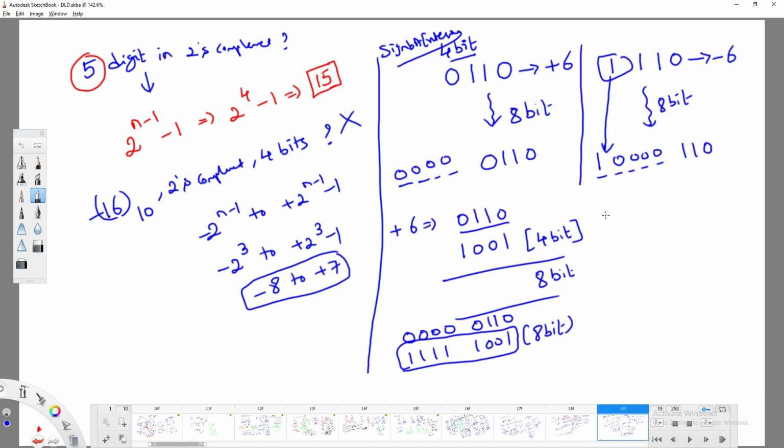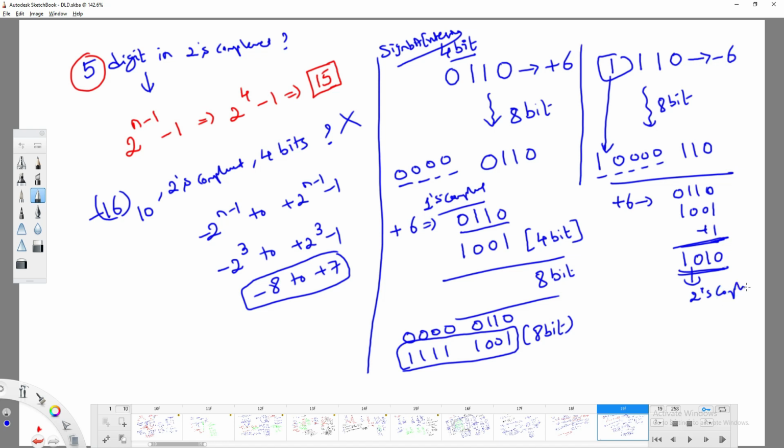What about if it is in 2's complement? I think this is 1's complement. What about 2's complement? Basically, you have plus 6, which is 0110, and 1001 is the 1's complement, and if I add plus 1, you get the 2's complement, 1010. 1010 is the 2's complement.